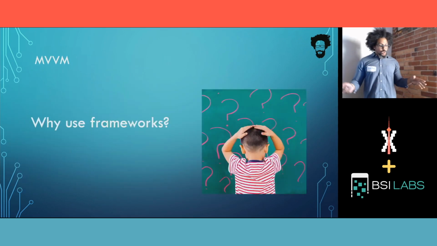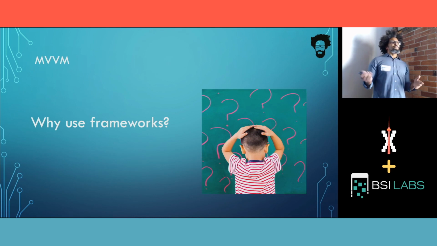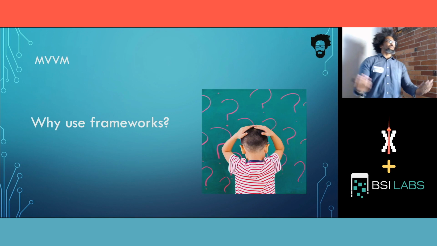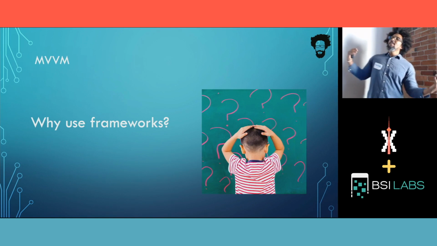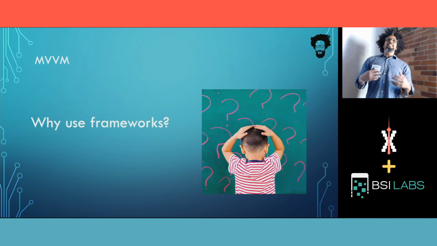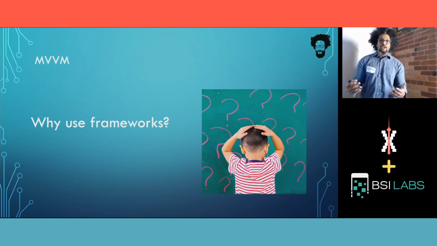We'll see later. So if MVVM is just one interface, why do we need frameworks? Why do we have to deal with something that you didn't create, that you don't know what the person that created that framework was thinking?